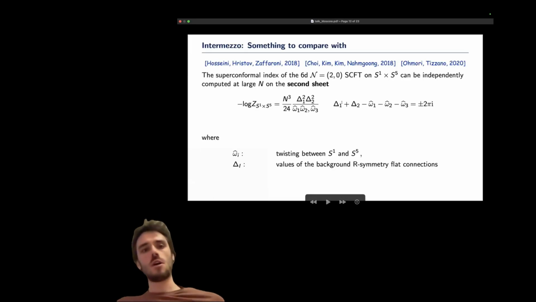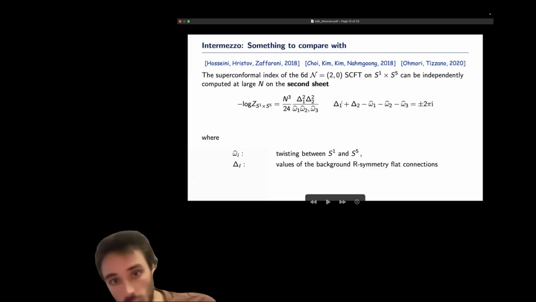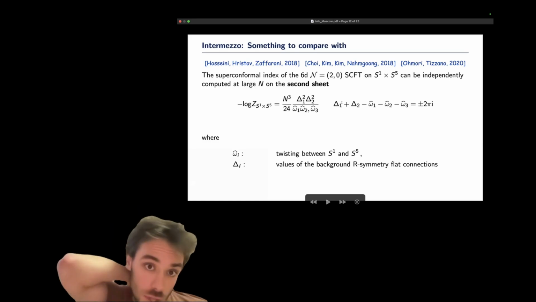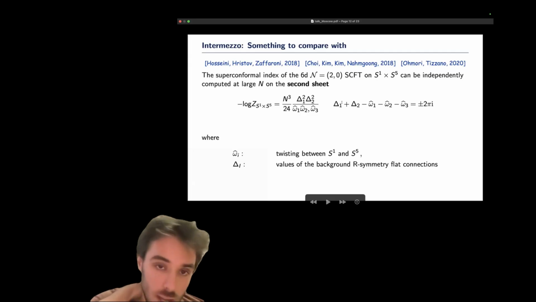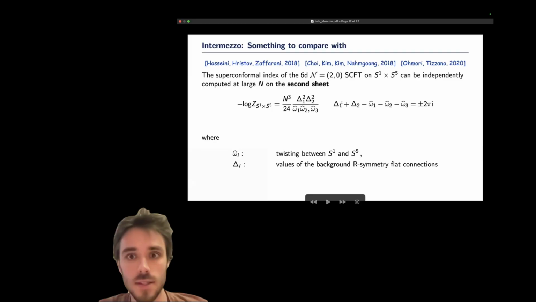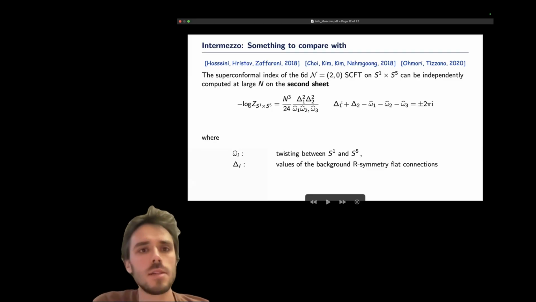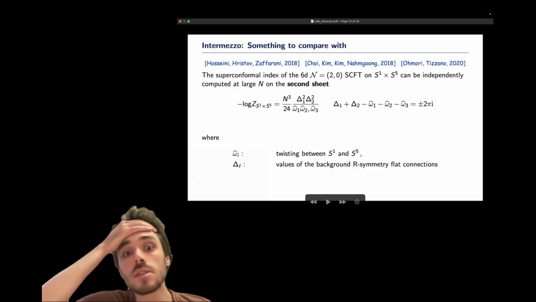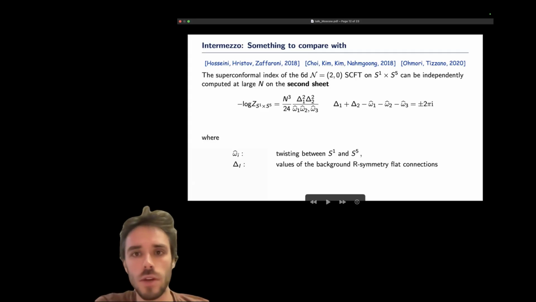Good. Now we're going to do a little bit of a pause of this calculation to discuss our field theory expectations. So we're going to do a gravity computation, and we kind of want to know what the answer should be a priori. So let's see what the answer is. Holography tells us that whatever we're calculating should be the large n limit of the superconformal index of the dual field theory.